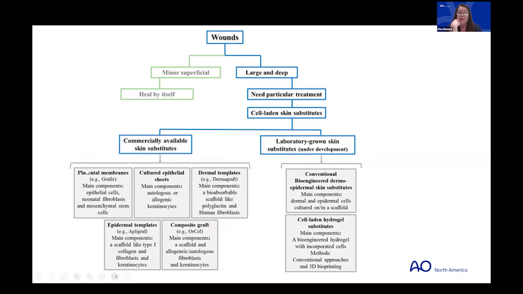So placental membrane tissue, this is obviously human donor, cultured epithelial sheets, dermal templates, epidermal templates, and then composites. So knowing what you need and how deep your wound is will help to understand where to go with your choices.